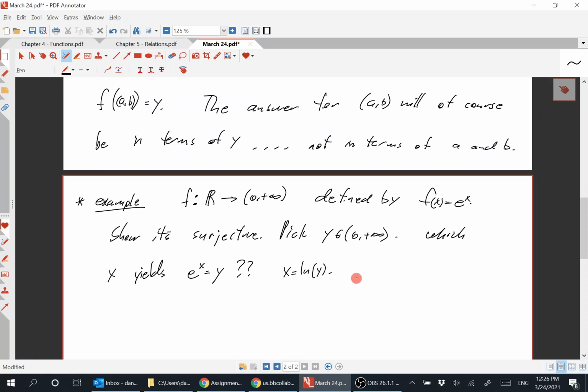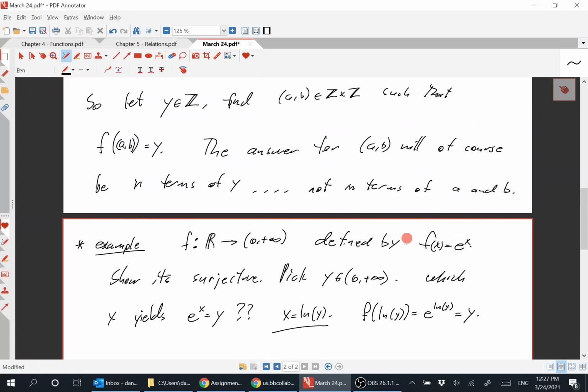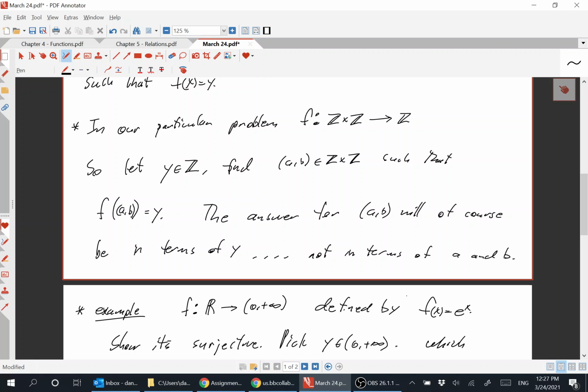So f of the natural log of y is e to the natural log of y, which is y. So the answer for x is in terms of y and y only. So your answer in part B for a, b is going to be in terms of y only.